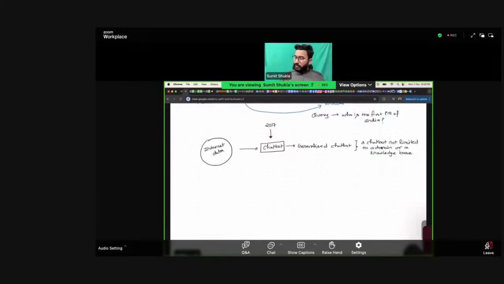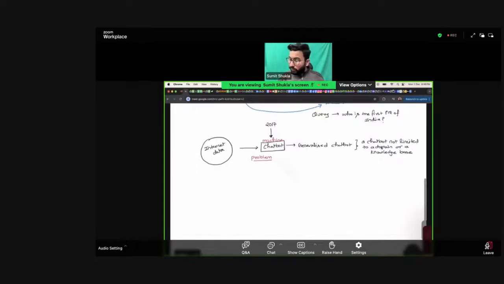But there was a very big problem. The problem was how? Because if they want to train a machine, because a chatbot is a machine, right? This is a mathematical machine. So if they want to train a machine on such huge data, they need some kind of mechanism, a training mechanism.